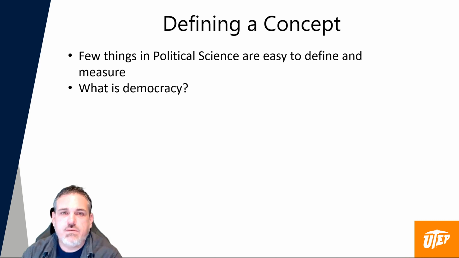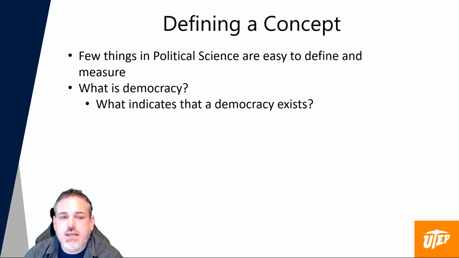But in terms of a research methods class, we also have to take another layer into consideration, and that would be what indicates that a democracy exists. So if we were to take a country, what is it that we would precisely look for to say that that country is a democracy?